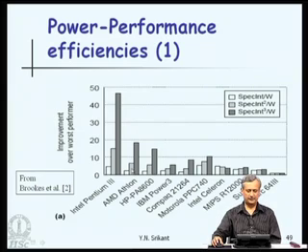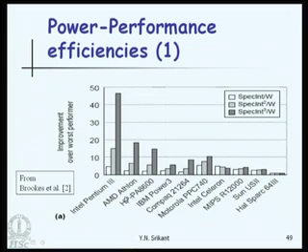To show you how these differences occur, let us take a number of these processors. This is a slightly old slide because we still have Pentium 3 here, but the relative performance is what we are looking at. The first bar is for SPEC int per watt, the second bar is for SPEC int square per watt, and the third bar is for SPEC int cube per watt for various processors, on the average. If you look at the SPEC int per watt, the performance of most of the chips is similar, not too much difference.